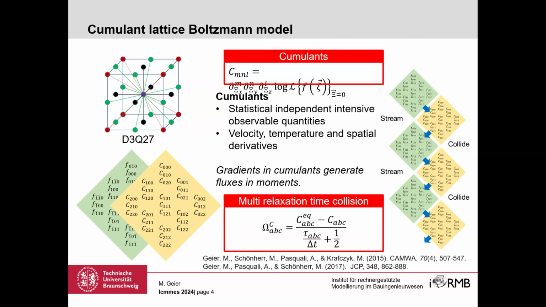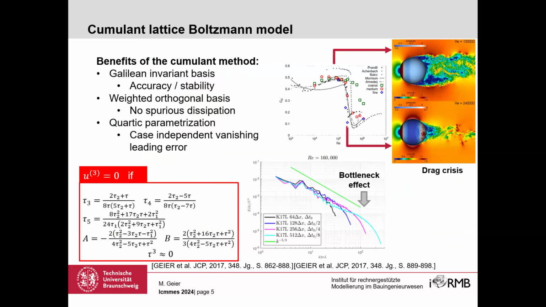There's a better solution that is called cumulants, and cumulants are quantities that, in addition to being Galilean invariant, are also independent of each other. Otherwise, we use a similar lattice with 27 degrees of freedom, and then we have these cumulants, and cumulants can all relax independently.